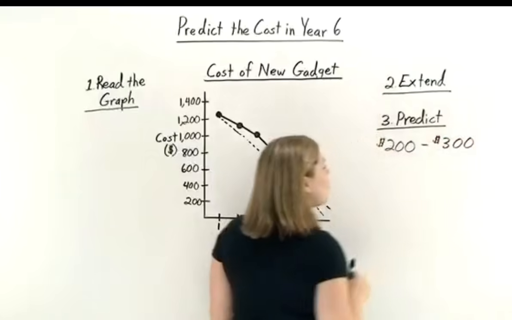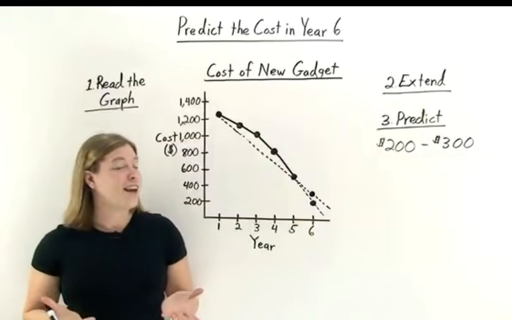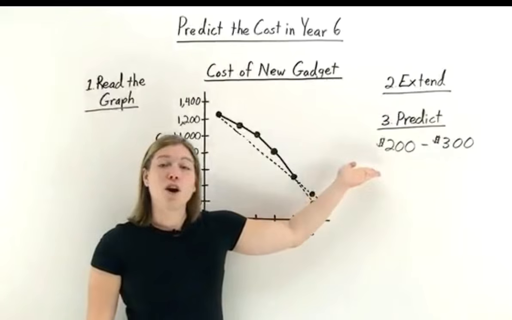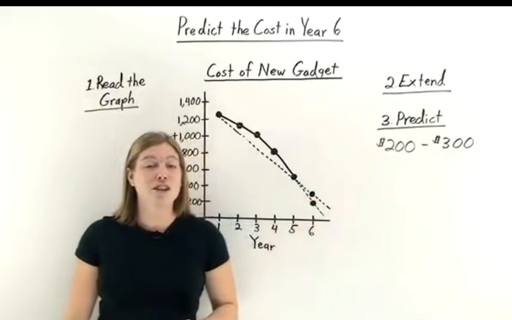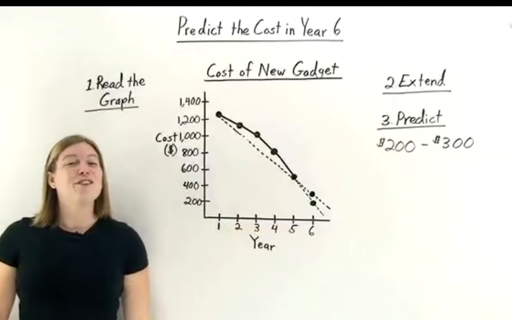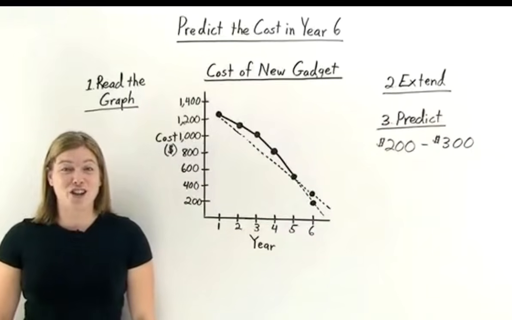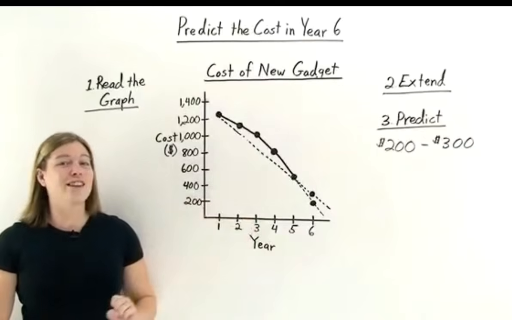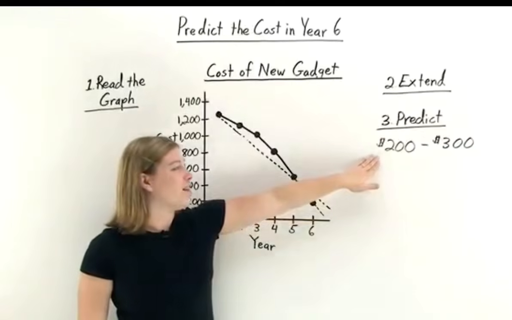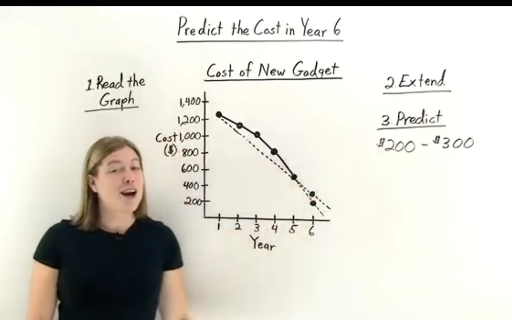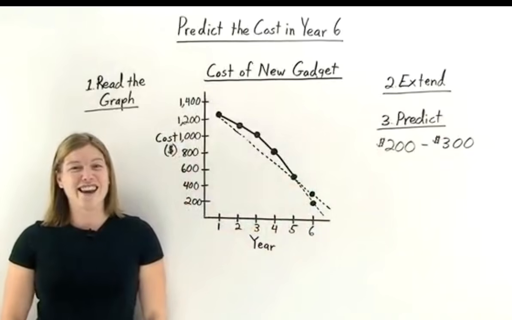So, based on what we've seen here, it makes sense to say that this new gadget should cost around $200 to $300 in year 6. So now, we have used this line graph to predict the cost of this new gadget in year 6.